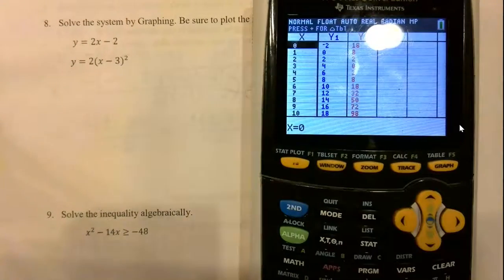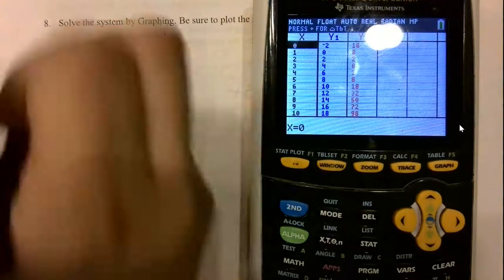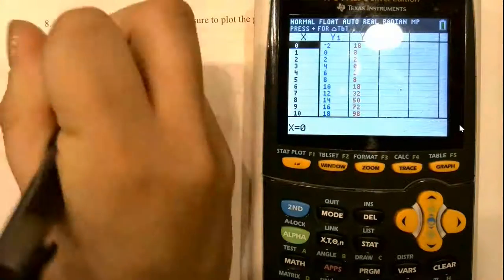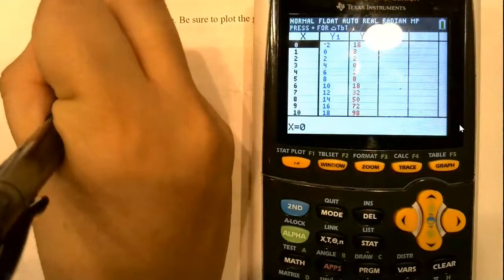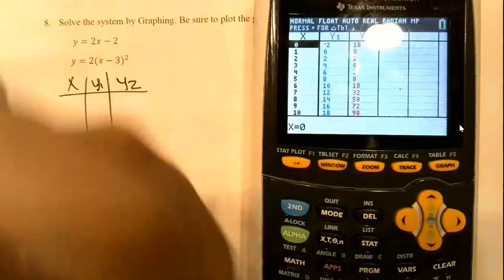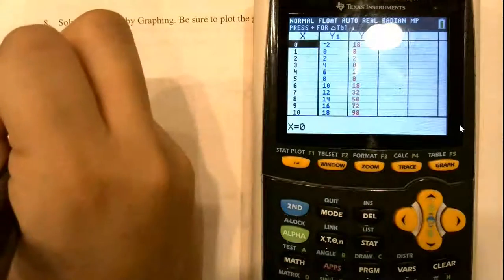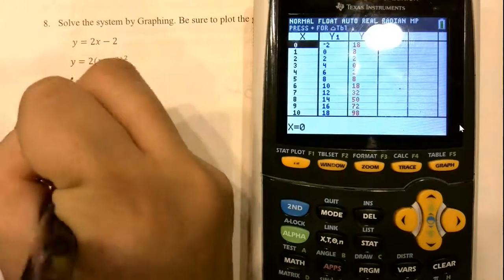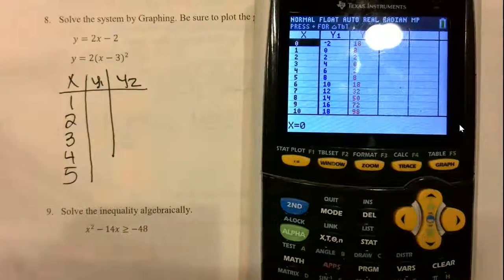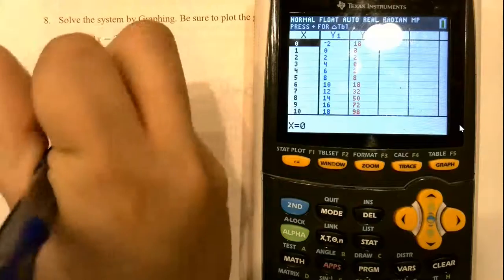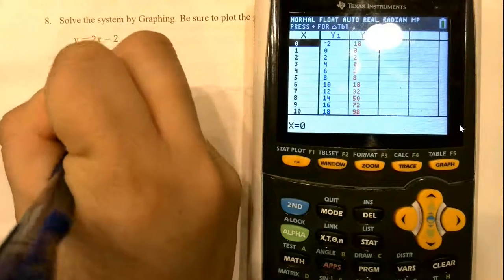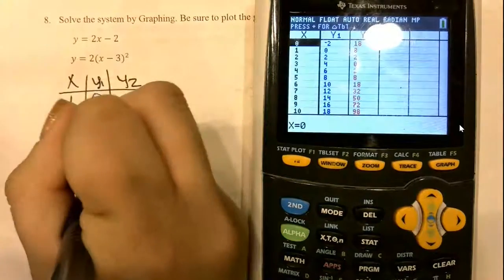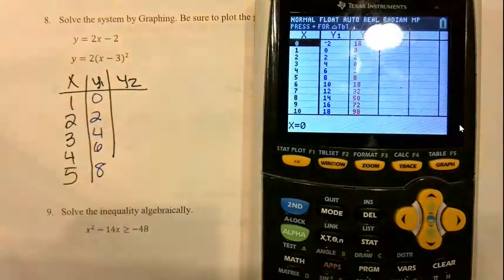So what I'm going to start off by doing is writing down my table of values. I'm going to go from 1 to 5 for my x values. Did not draw this table long enough.